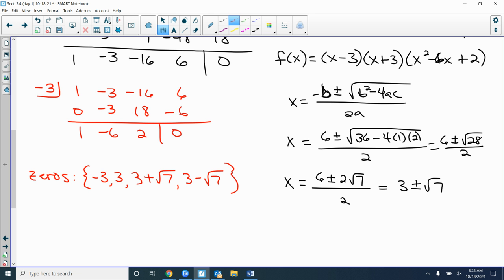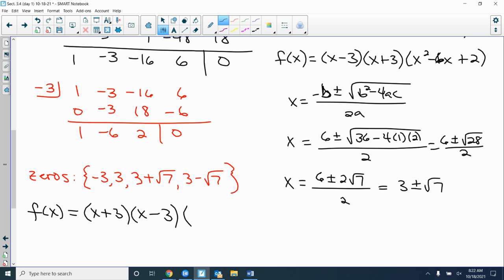Okay. Now, factored form. You always take your root and you do x minus the root. So if my root was 3, we did x minus 3. So right here, f of x equals, if negative 3 is a root, x plus 3 is a factor. If 3 is a root, x minus 3 is a factor. If 3 plus square root of 7 is a root, what's a factor?